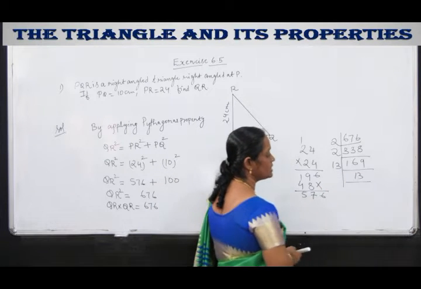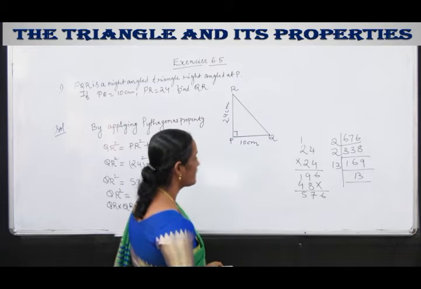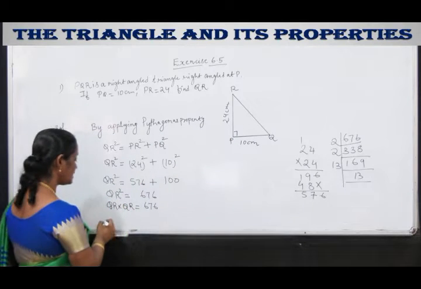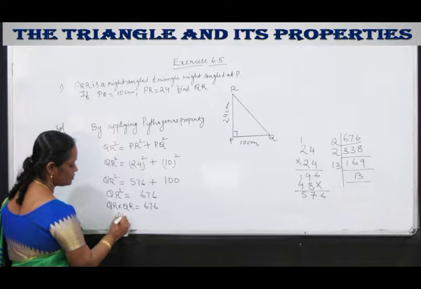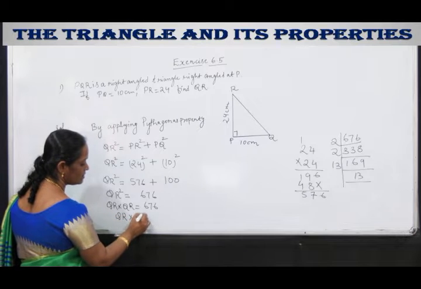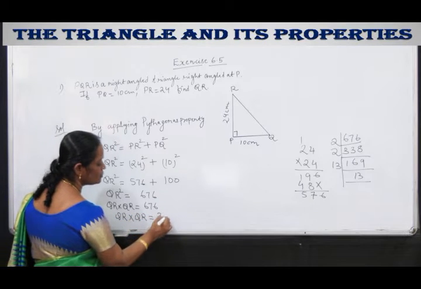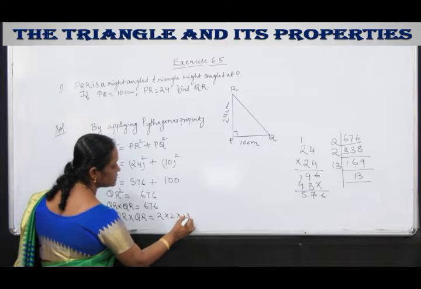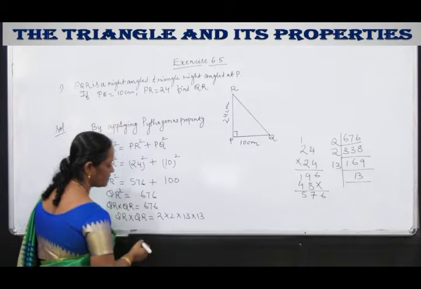So we can write QR into QR is equal to 2 into 2 into 13 into 13.